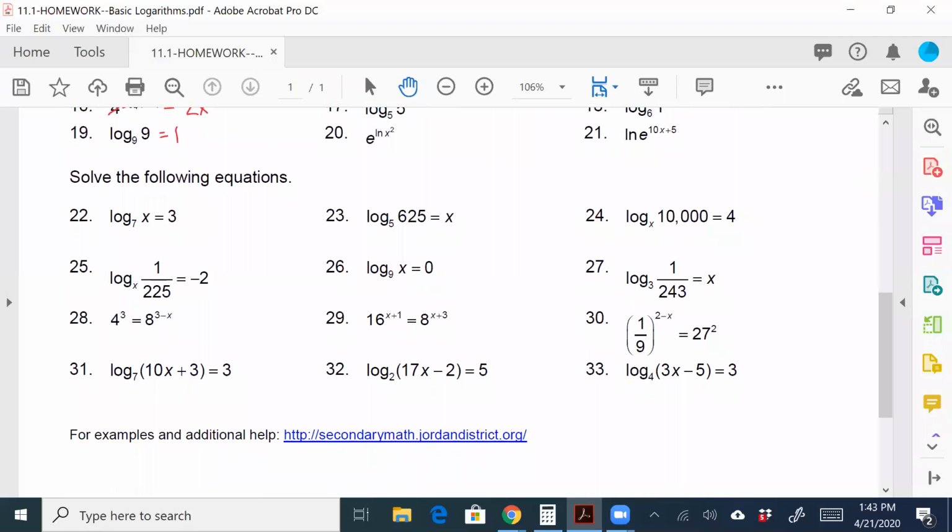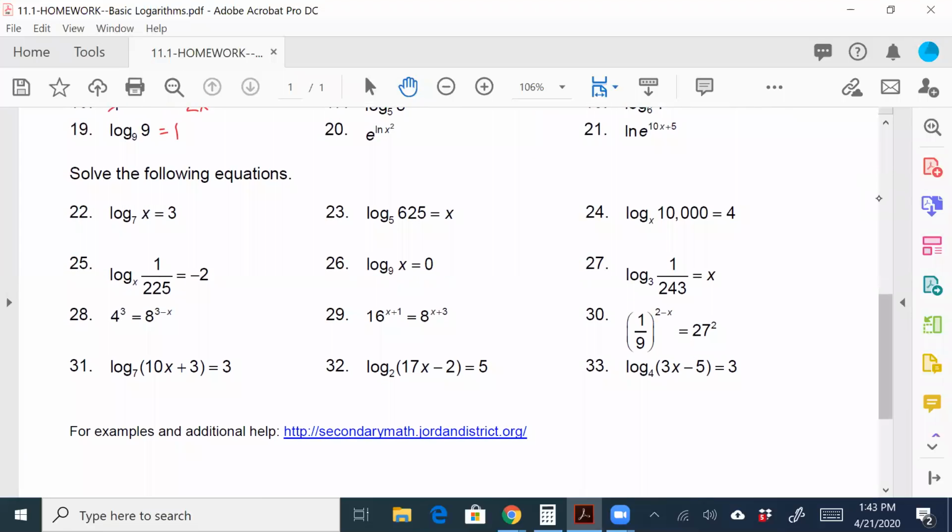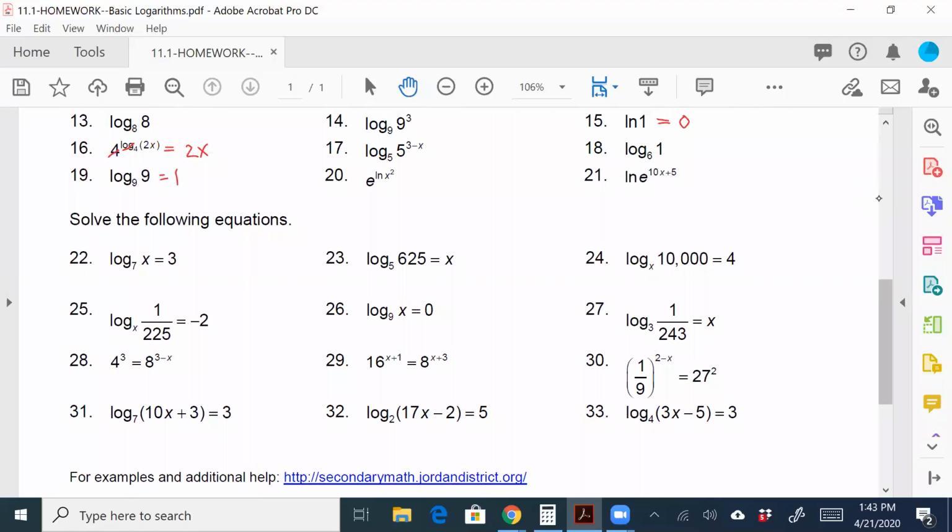Solve the following equations. With a lot of these, you want to take them from log base form to exponent form, and then see if you can equalize their bases. Like if you look at 23, we can rewrite this as 5 to the x is equal to 625.